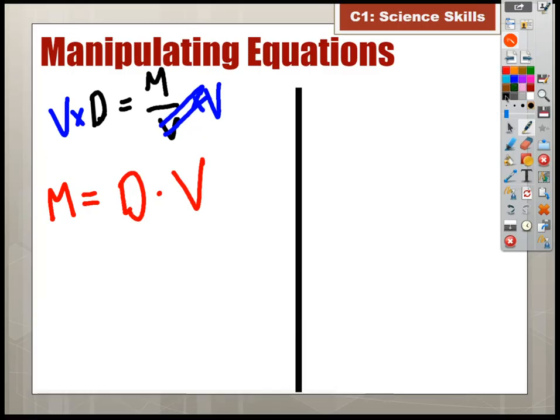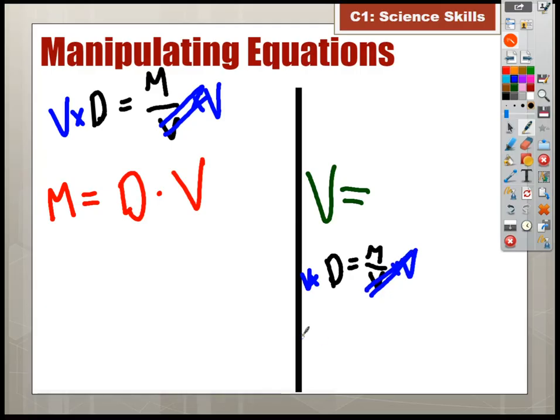But what if I want to get volume alone? It's a little more complicated. To start with, I still start with my D equals M over V. If I want volume alone, it's already on the bottom, and that's bad. I never want what I want on the bottom. I want what I want on the top. So I'm going to multiply both sides by V. Look familiar?